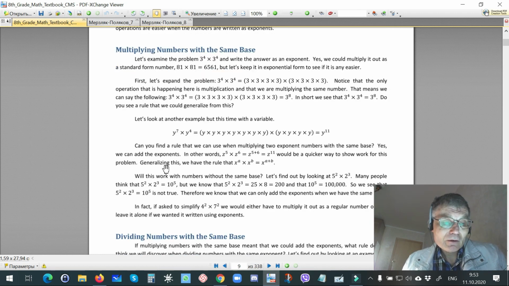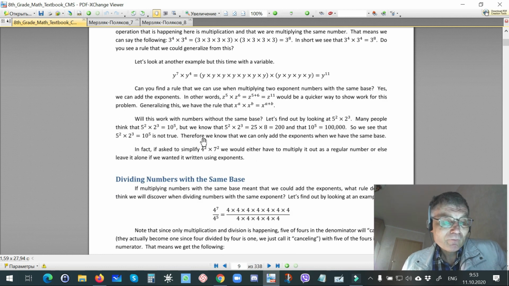Here we see that we can only do that if the base is the same. We can't, for example, do this. So it goes only for the same base.